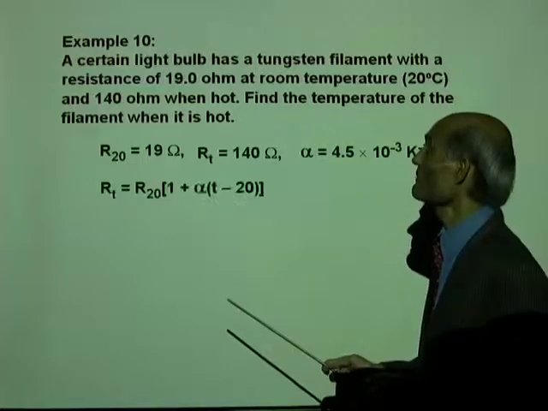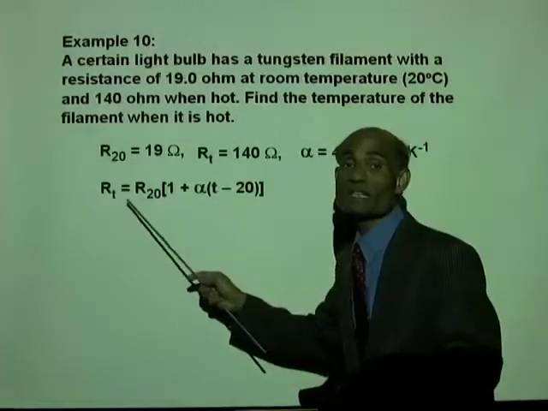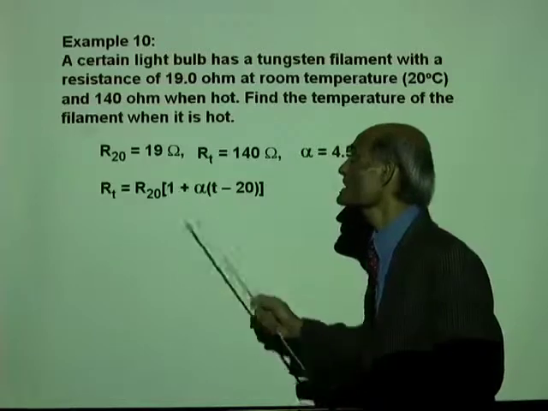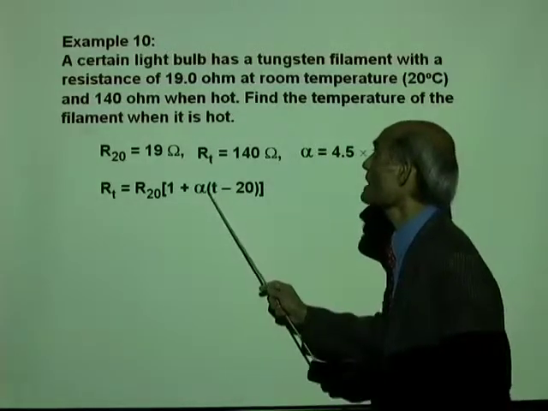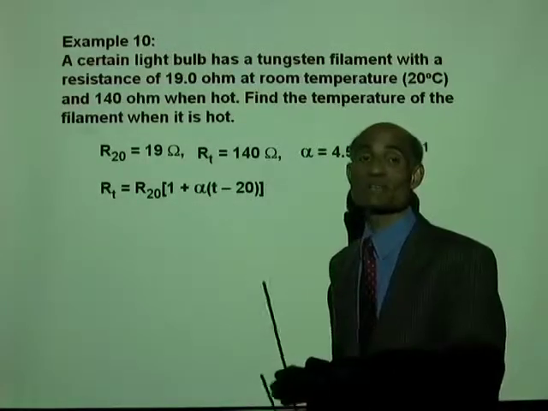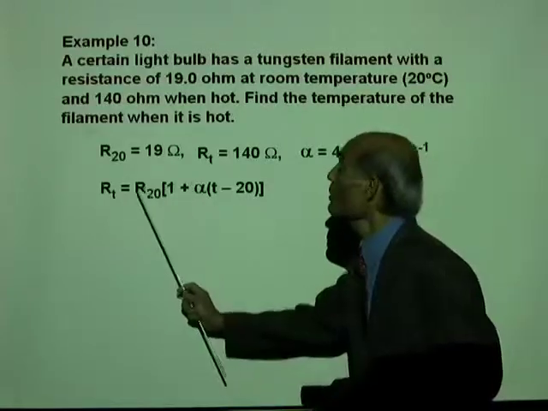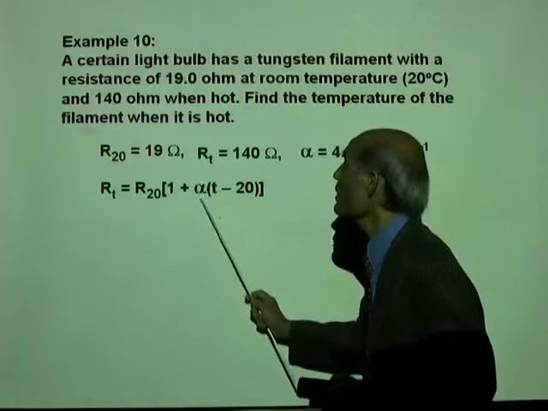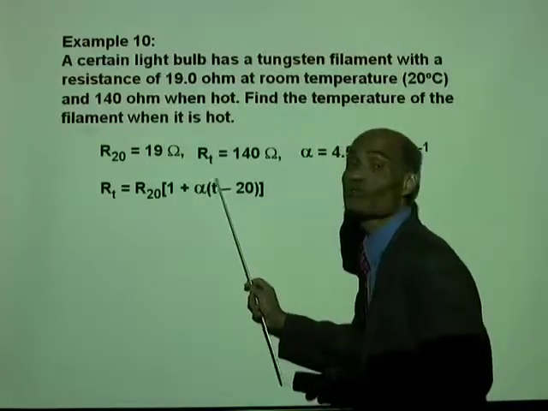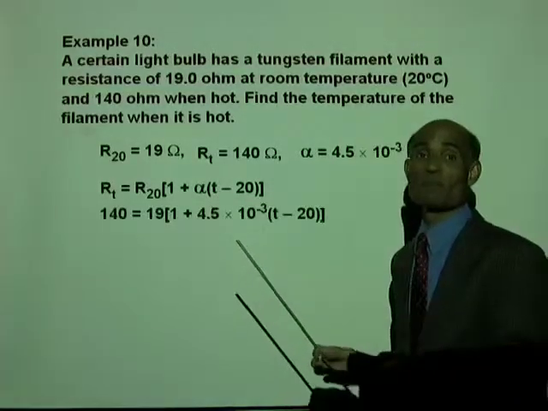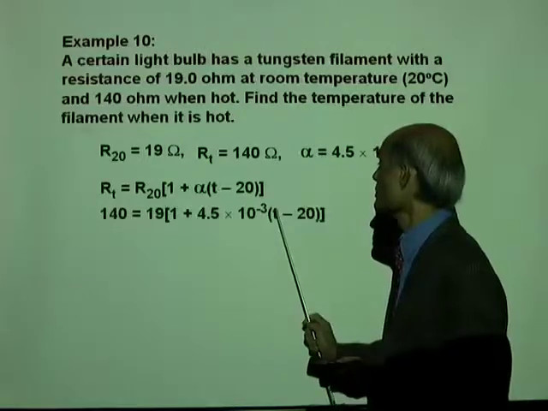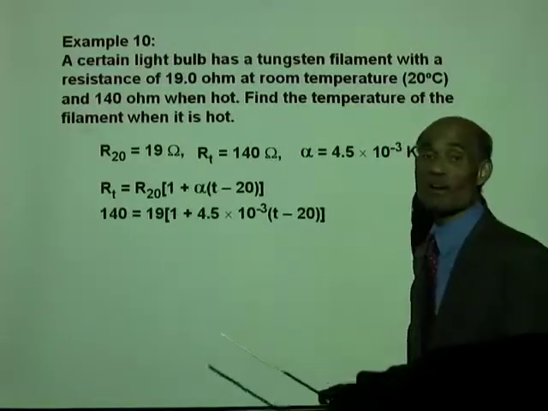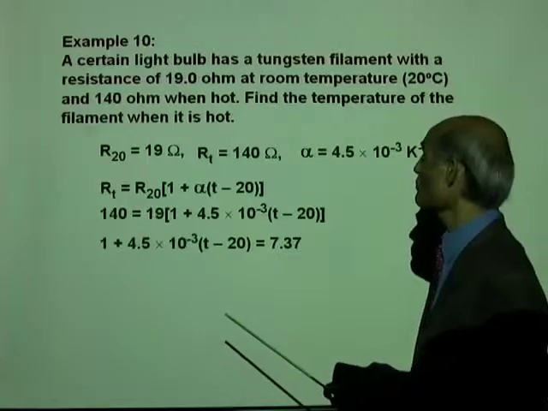Now we have RT equal to R20 times 1 plus alpha times T minus 20. Now we know RT, we know R20, we know alpha, therefore we can solve for T. Using all those values, alright, can you simplify this equation and solve for T?